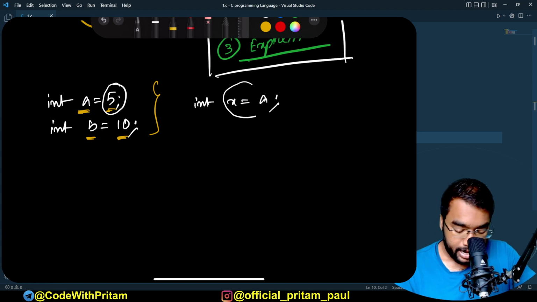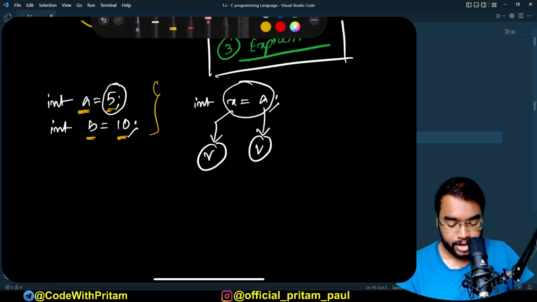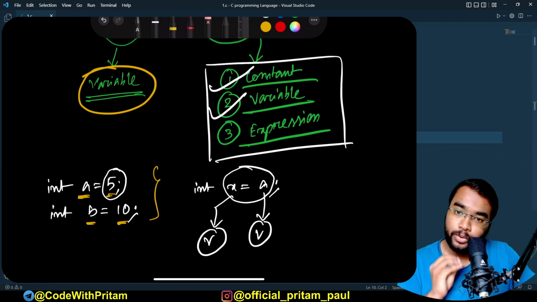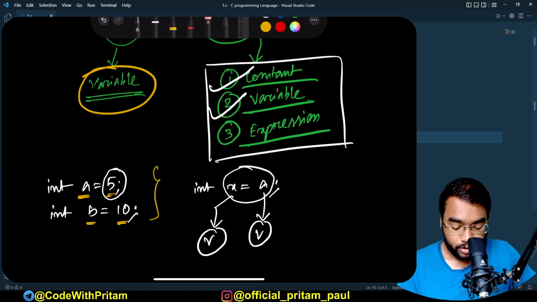This is another assignment: here this is a variable and this is also another variable, so this condition is satisfied. Now let's give an example of an expression.